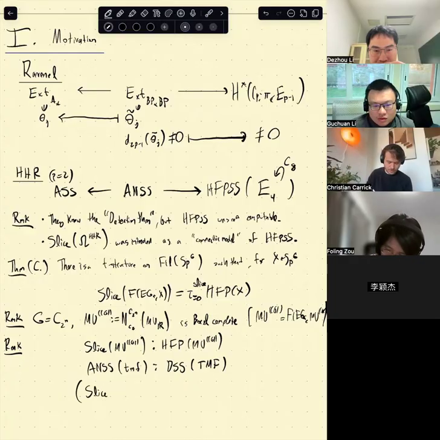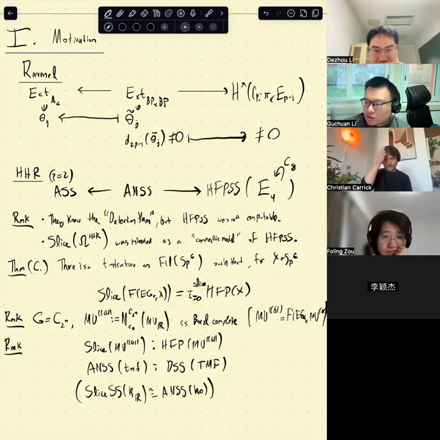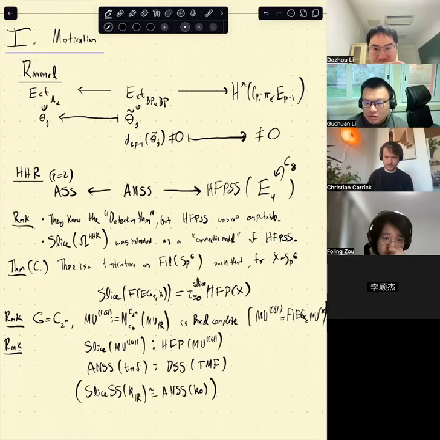One can compute directly that the slice spectral sequence for KR is isomorphic to the Adams-Novikov spectral sequence for KO. And so this, again, leads one to ask if the slice spectral sequence is at all related to Adams-Novikov spectral sequences.